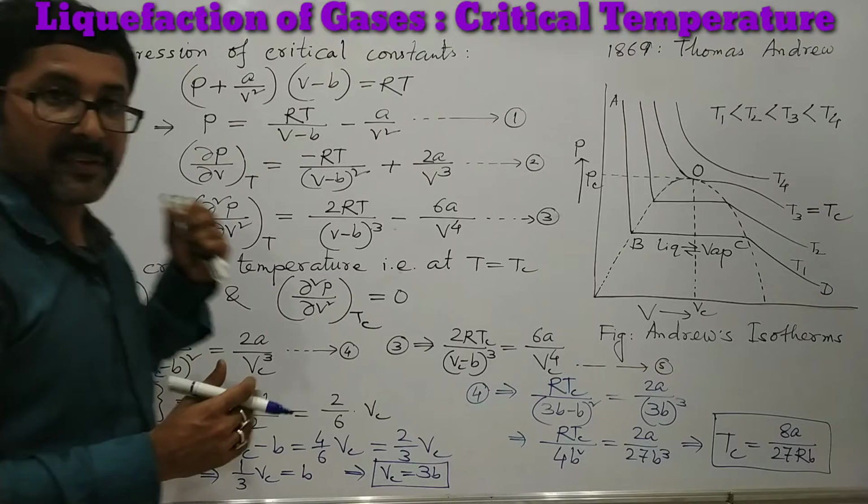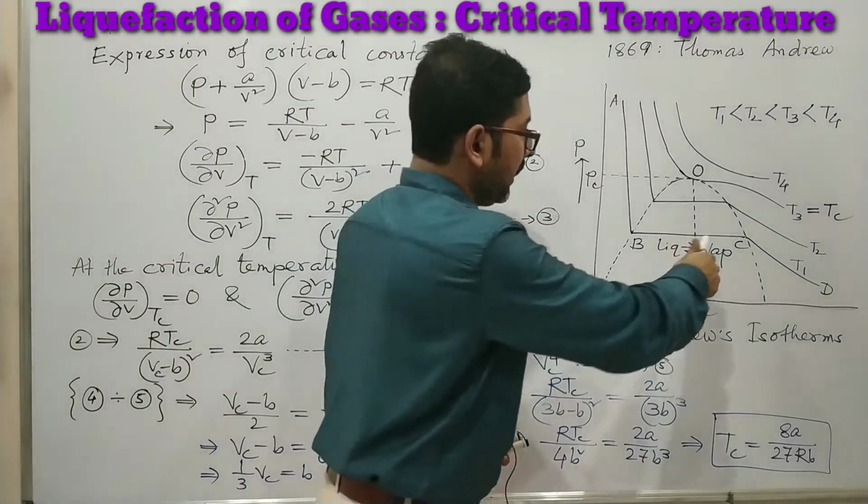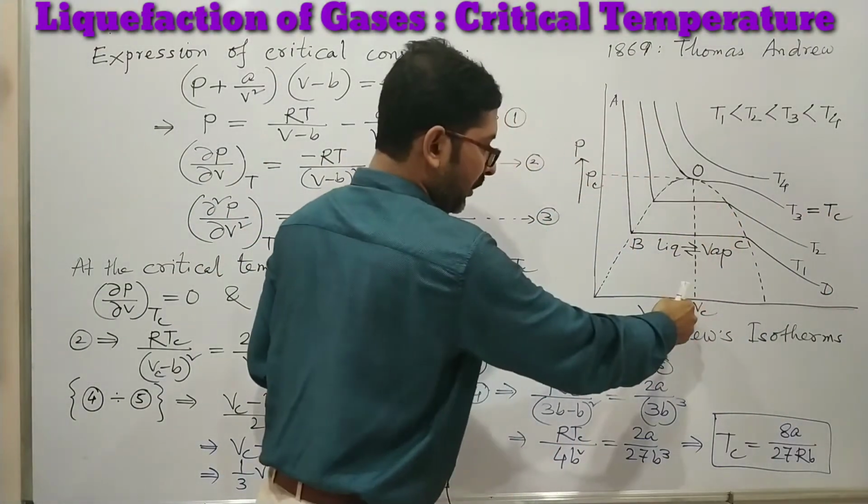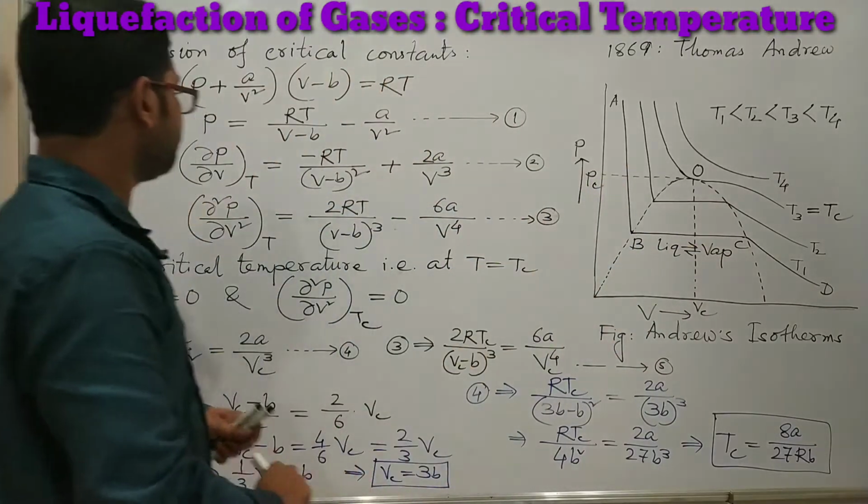Next we have to find the value of Pc. Look at here, at the critical temperature, the temperature is Tc, volume is Vc, and the corresponding pressure is Pc.